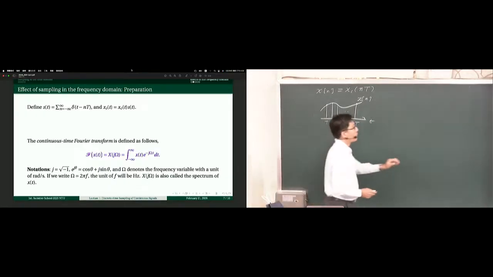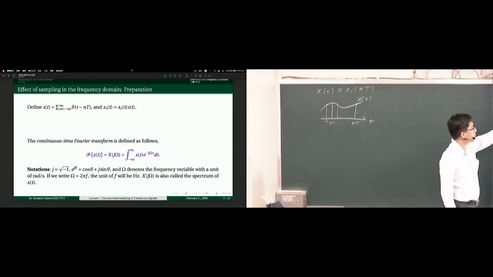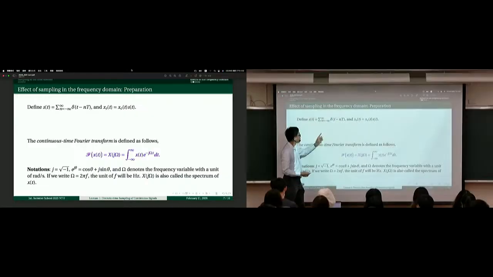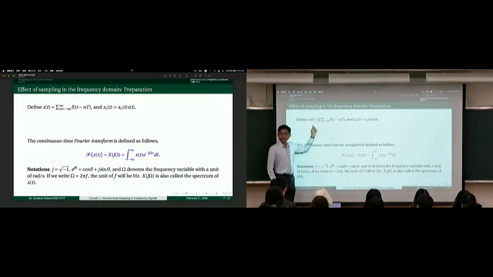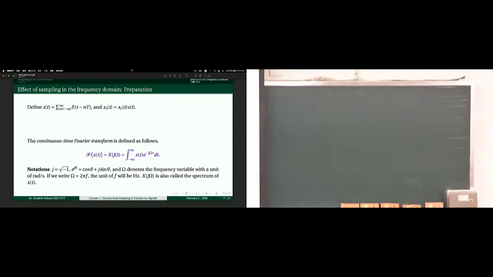Here on this page, you see another way to look at the action of sampling. Here we claim that sampling is just like multiplying your signal with this s(t). That's another way to look at what's going on when we sample a signal.